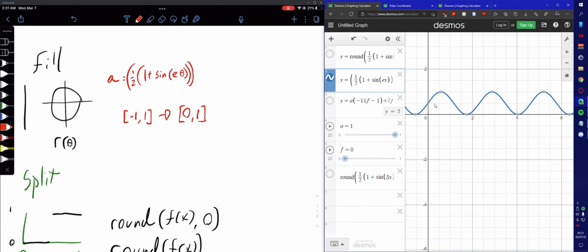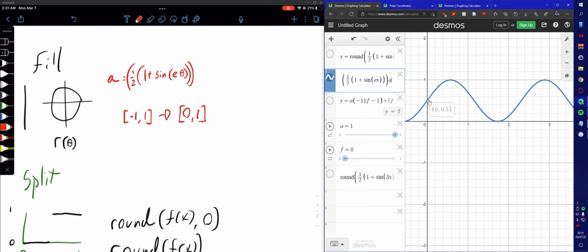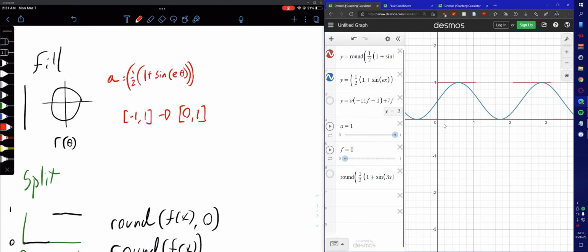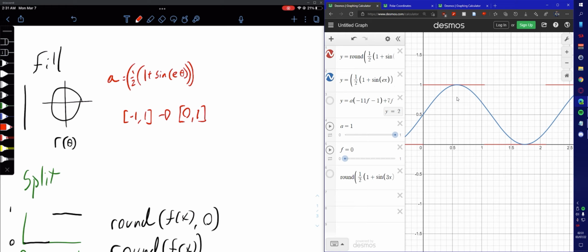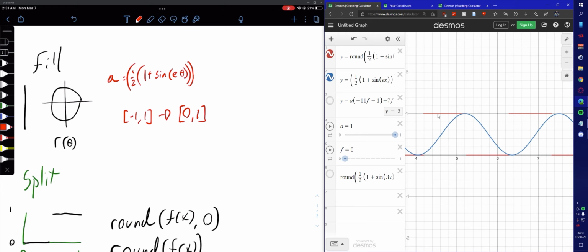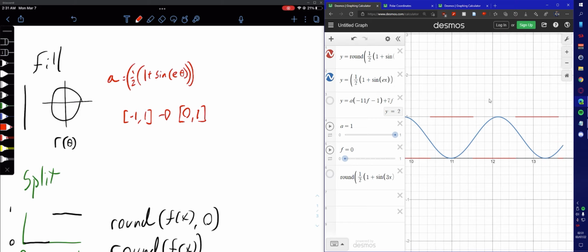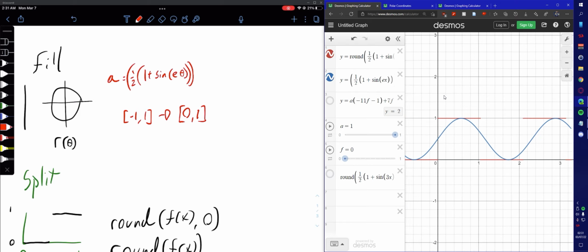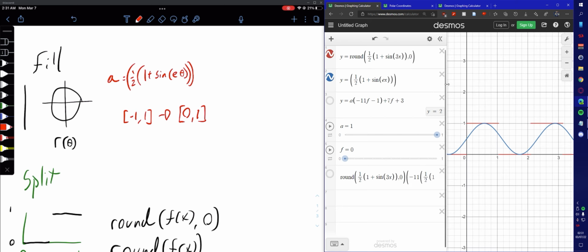So, here's our function. It starts here, and it goes between 0 and 1. A rational multiple of this one. So you can see that it never lines up at the same place on this line. That's what we want. Now, why did I have that power there? Well, because this ranges between 0 and 1. If we raise it to a power, that range doesn't change, but the distribution does.